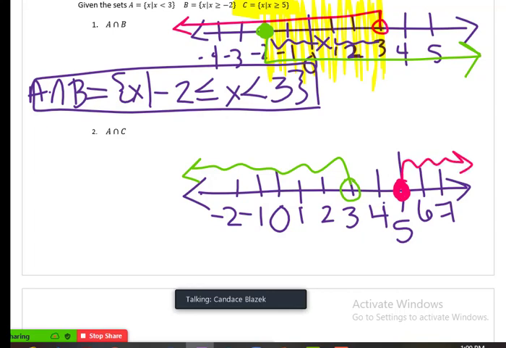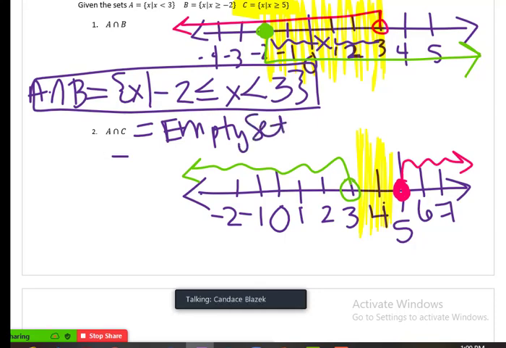Now, remember that when you're doing intersect, it is the values that they have in common. And when I look here, what do they have in common? Nothing. They have nothing in common, and that's okay, because that tells us for an answer that their intersection is the empty set.